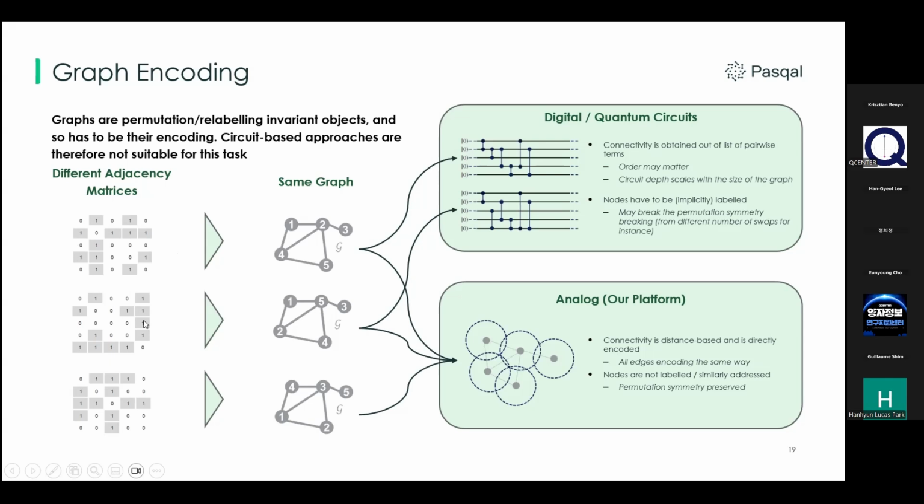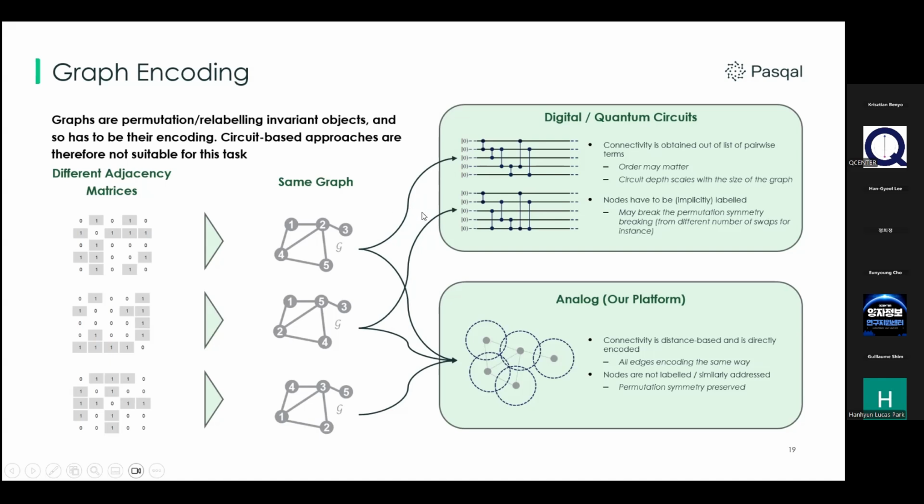Therefore, if you're reliant on this matrix representation, which is not unique, the type of implementation you would get from a quantum circuit-based representation, which needs this matrix form in order to try to encode it using the quantum logic gates, can give quite different footprints, quite different labels, quite different quantum circuits for it to be understood, even though inherently you were dealing with the same graph.